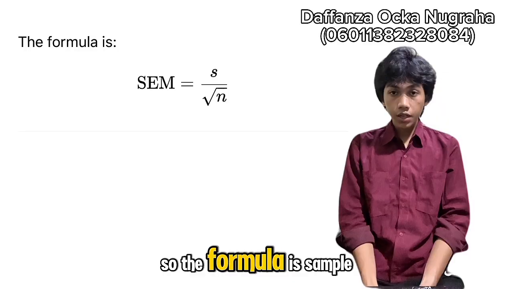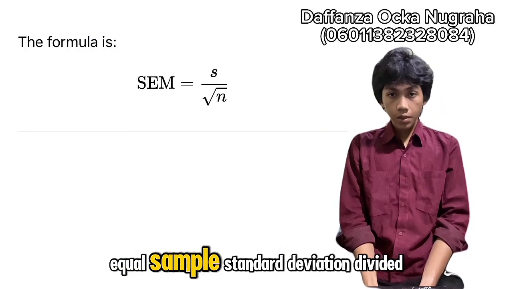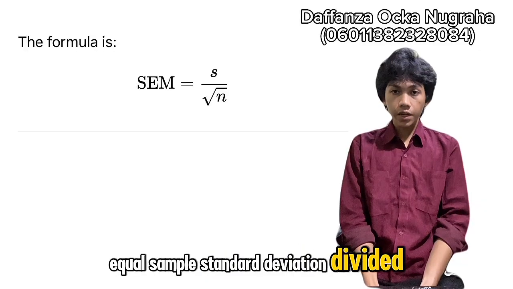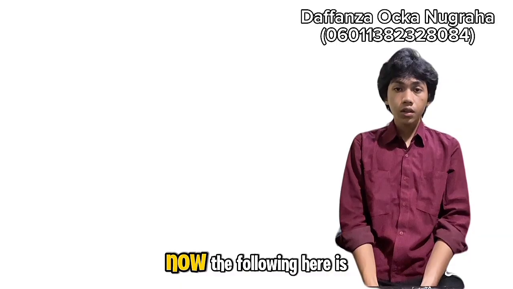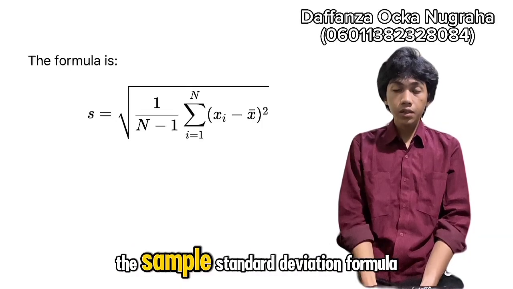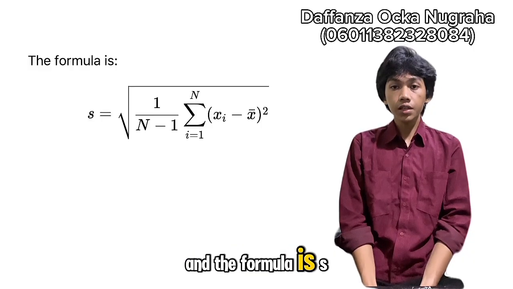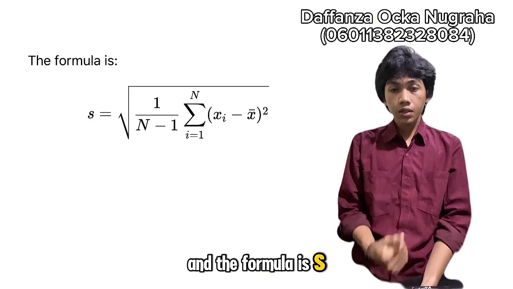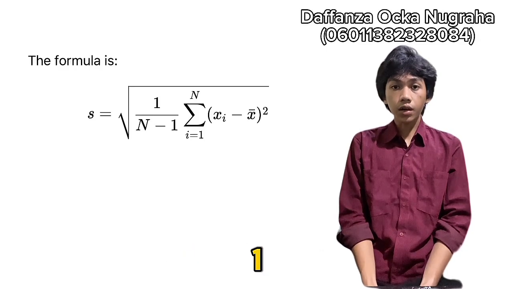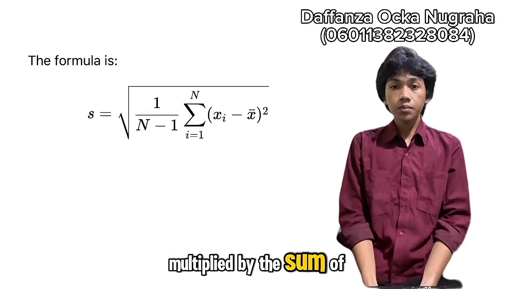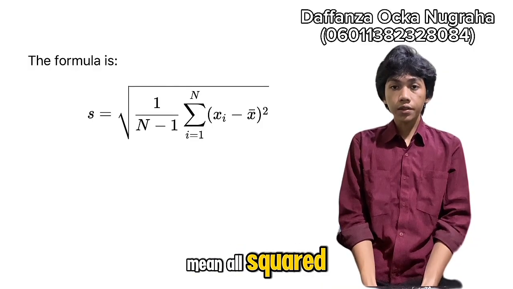So the formula is: sample standard error of the mean equals sample standard deviation divided by the square root of N. Now, the following is the sample standard deviation formula. The formula is S equals the square root of 1 divided by N minus 1 multiplied by the sum of X sub i minus the mean, all squared.